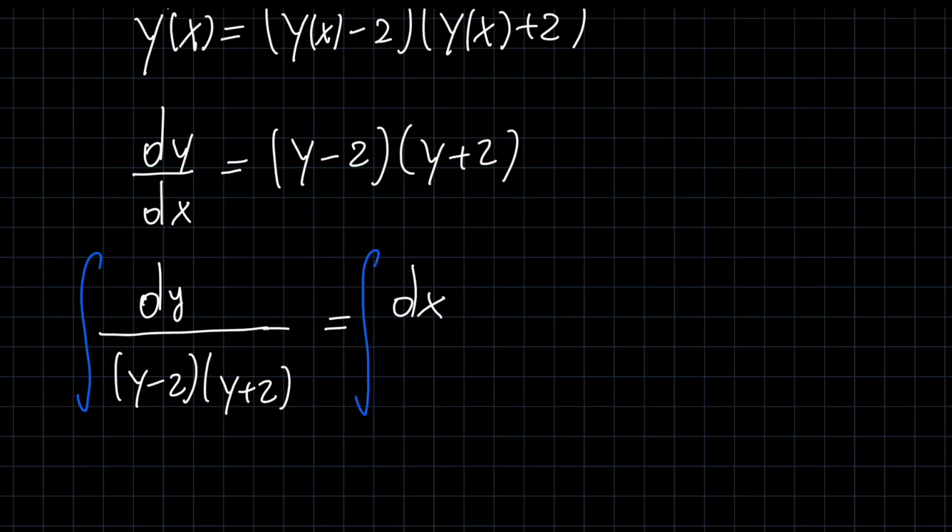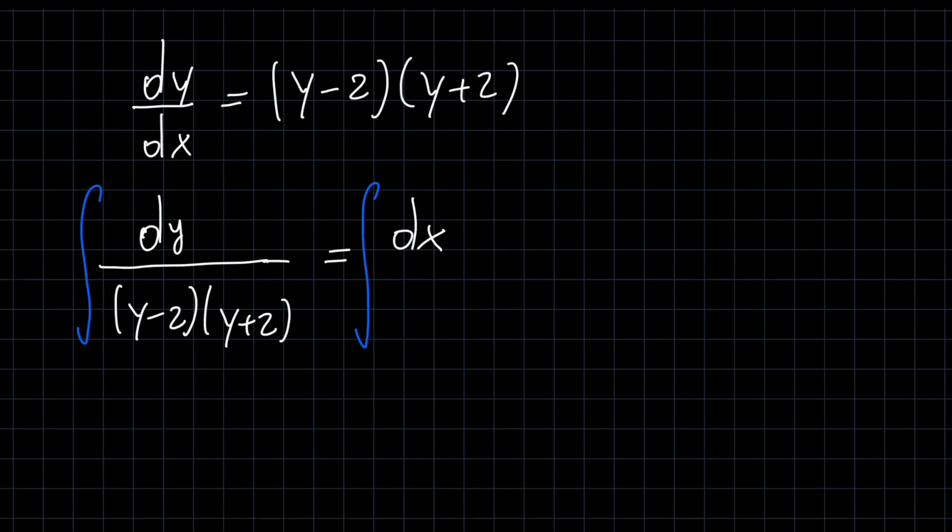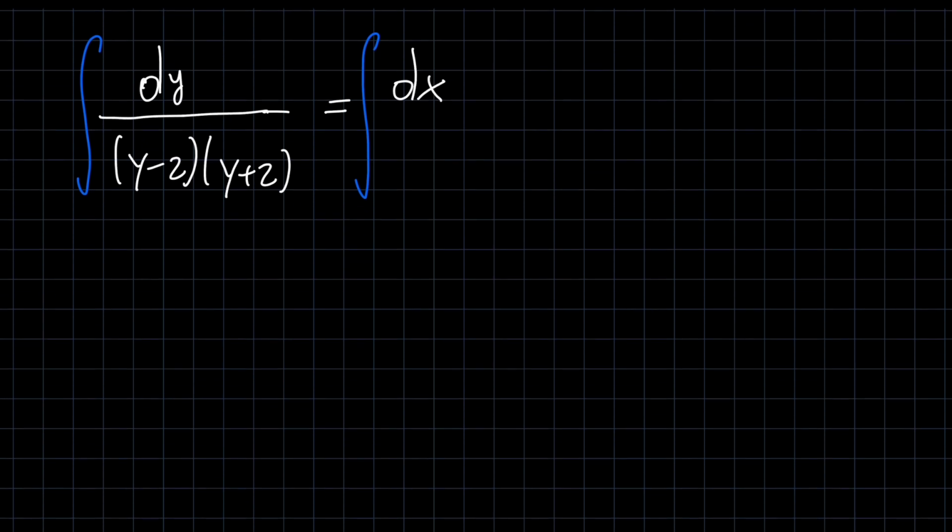And now the right hand side is pretty easy. Indeed, we just get that the integral of dx is equal to x plus c. You can think that there is just a 1 here and apply the standard rule of integration. And now the harder part is the integral in y.